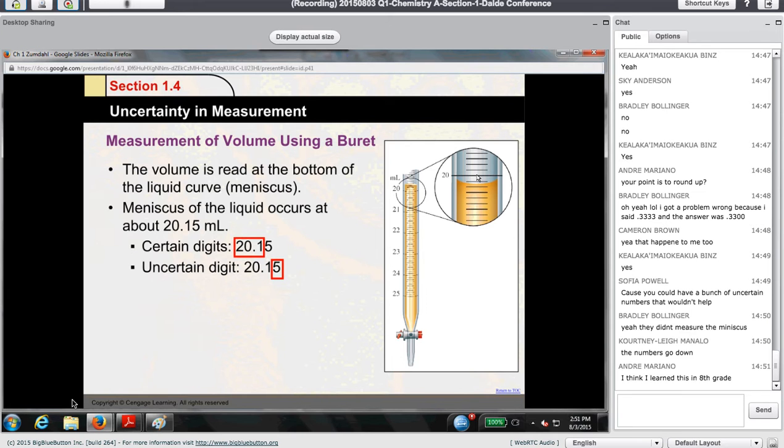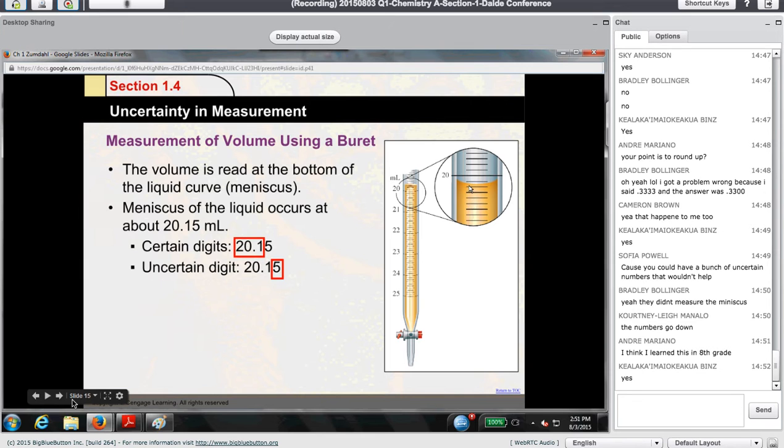It's because there are internal forces clinging that make the liquid cling to the sides. But anyway, we measure things at the lowest point. Right here, exactly right there, that is 20.1. Do you agree? And exactly right here, that is 20.2. Do you see what I mean?